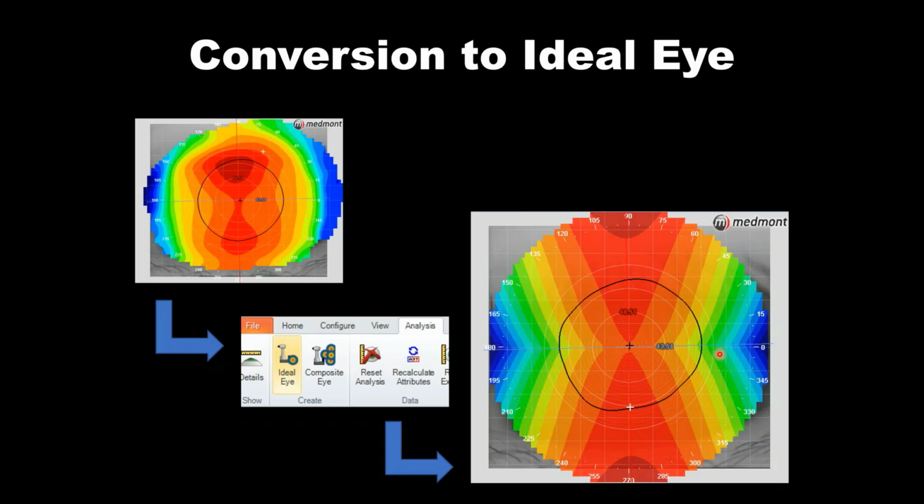So symmetric across the flat, symmetric across the steep. And what that essentially does is it gives you a prediction of how the lens would settle, and therefore it gives you an accurate interpretation of what the fluorescein pattern might look like.